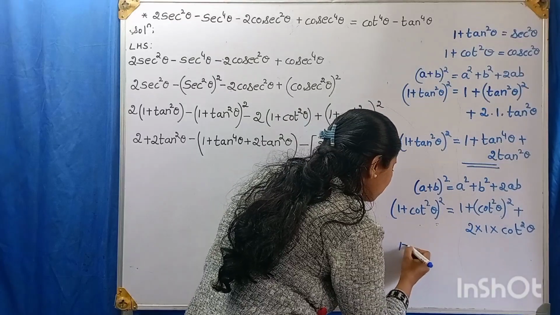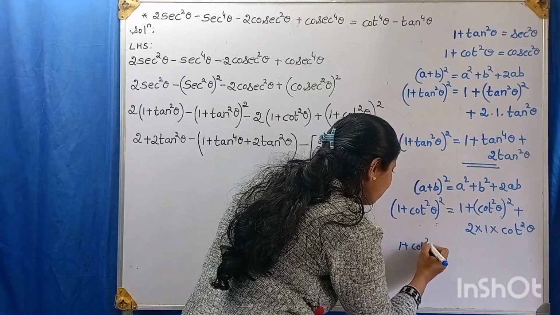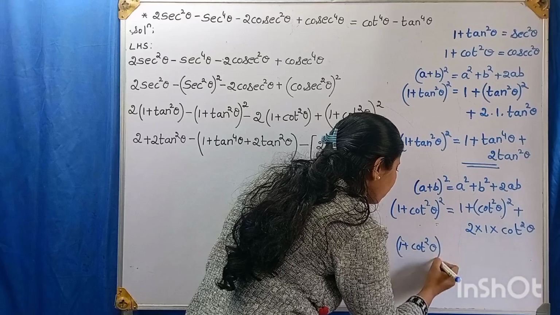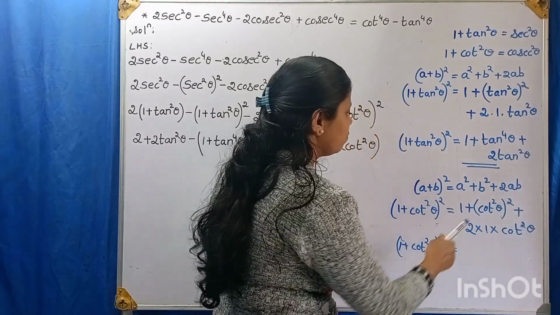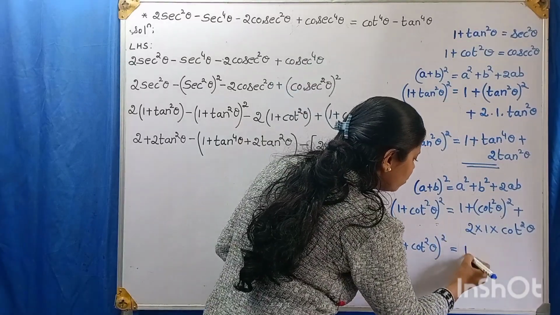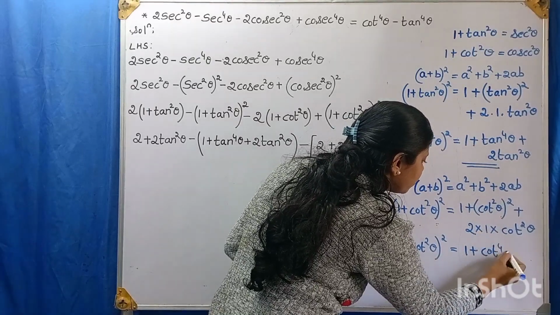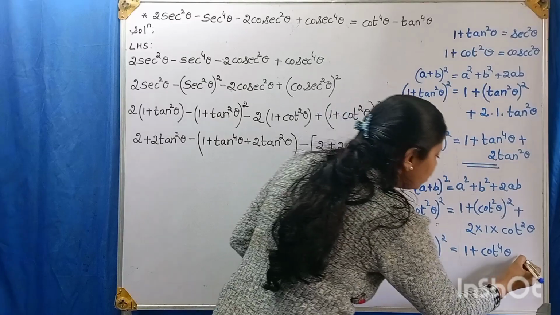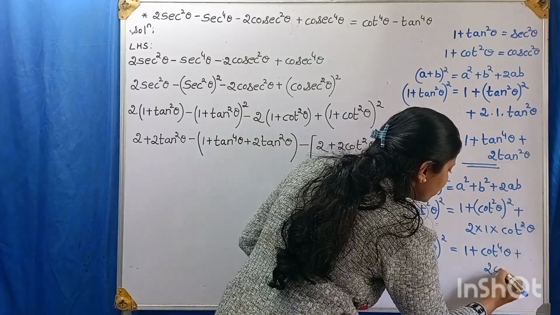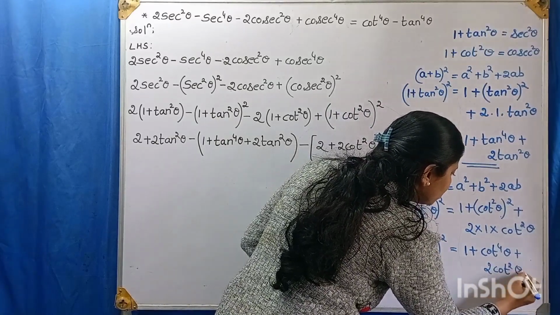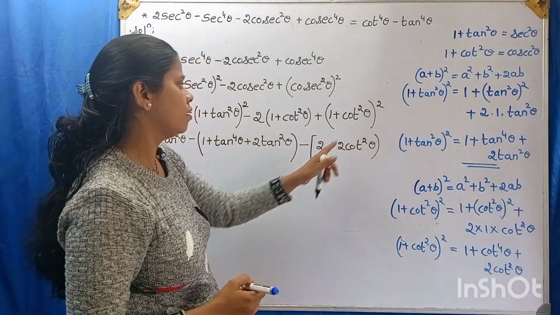That is (1 plus cot²θ) the whole square is equal to 1 plus cot⁴θ plus 2 cot²θ.